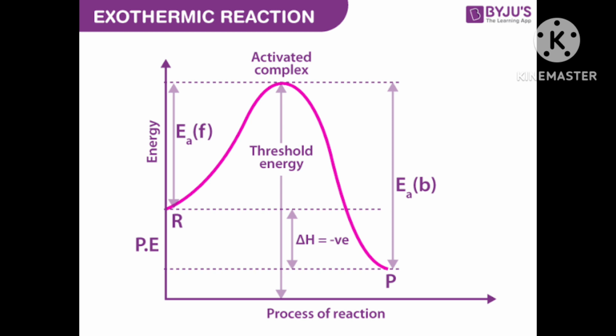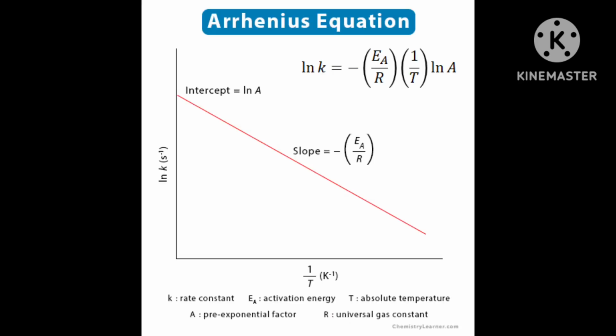Now you can draw one more graph, this time ln k versus 1 upon T, because of the equation I told you: ln k equals minus Ea upon RT plus ln A. Now you want to know the values of k and A, as I discussed last time. You will get that value in the same way, with only a minor change.